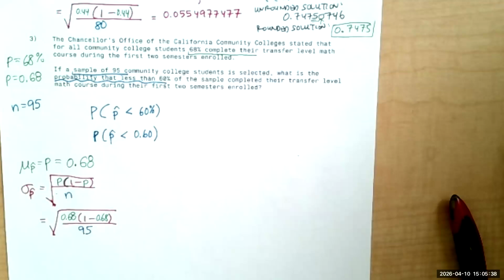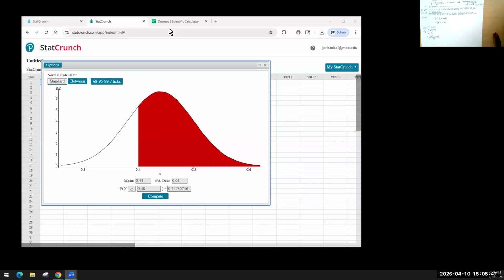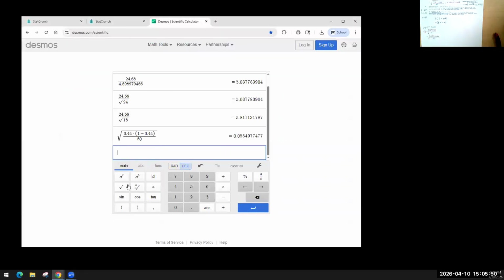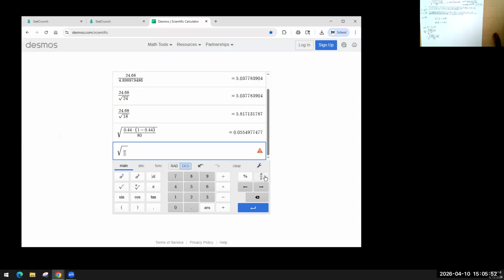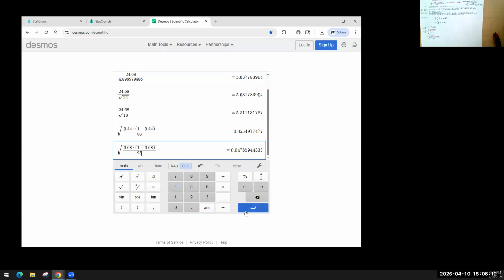Now I'll share my screen again, showing my Desmos calculator. Back to that screen: big square root, fraction inside, population proportion 0.68 times parenthesis 1 minus 0.68, close that, all over sample size 95.